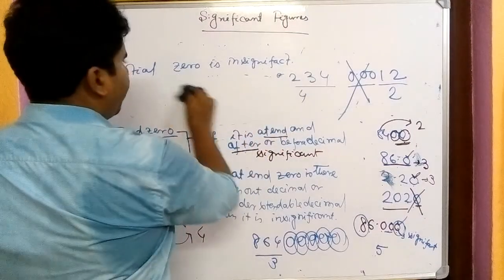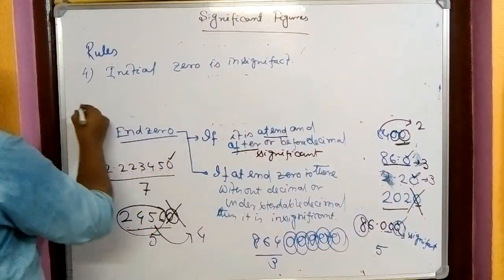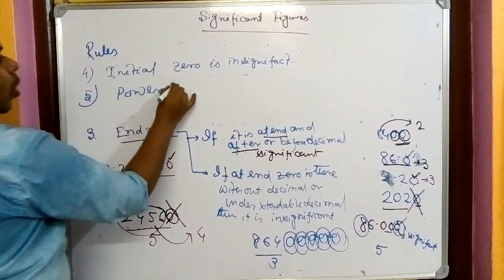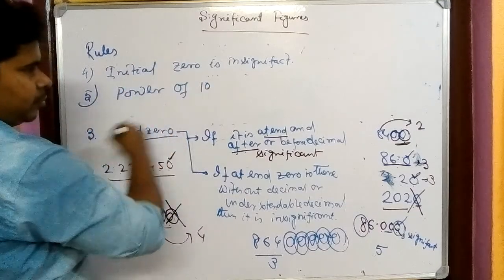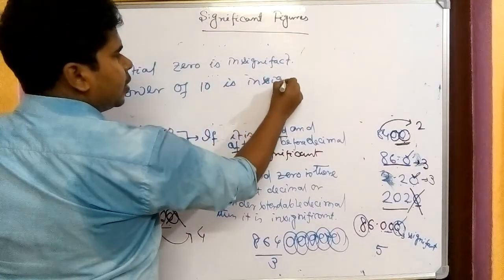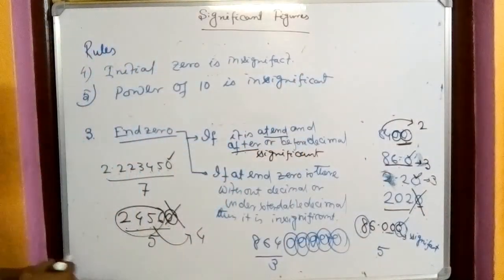Number 5 is also very easy. Power of 10 is insignificant.